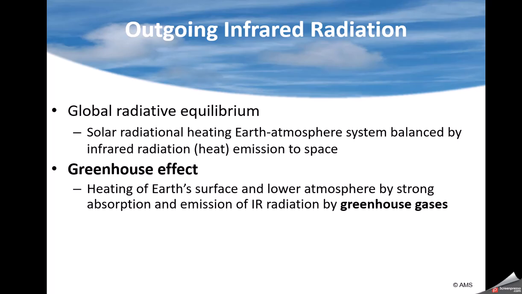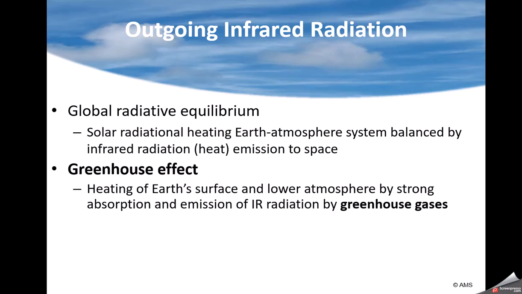All right, why do we care about the greenhouse effect? We said Earth emits infrared radiation. Well, there are certain gases that have no influence whatsoever on absorbing ultraviolet or sun radiation. However, they do absorb infrared radiation and they re-emit that radiation both outward and back towards Earth.